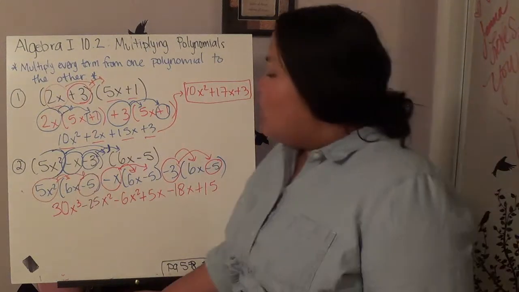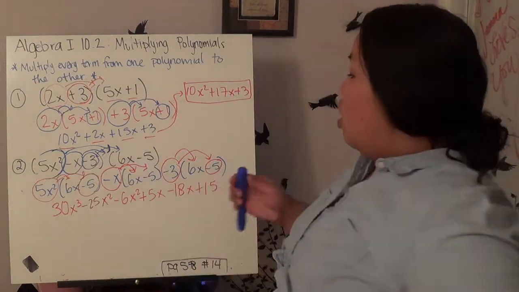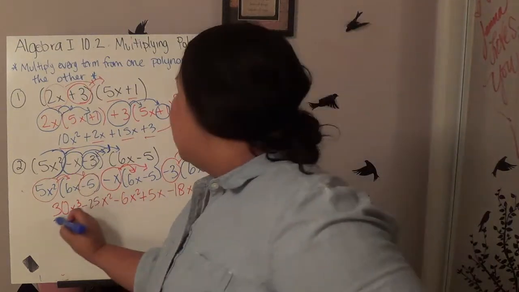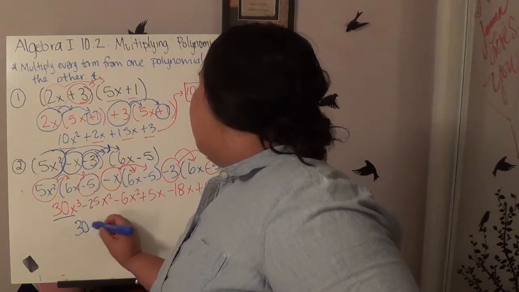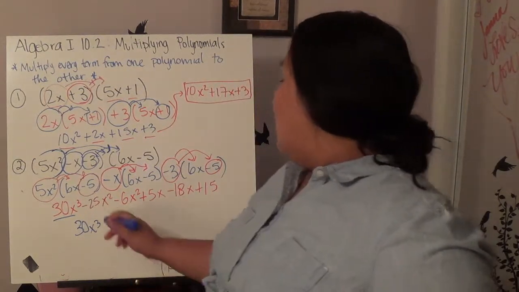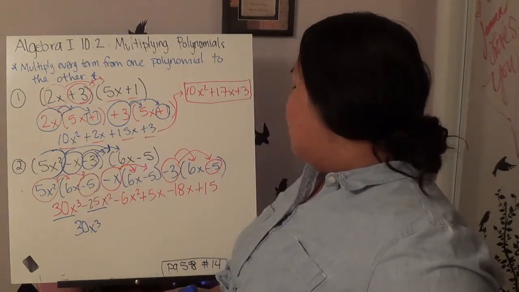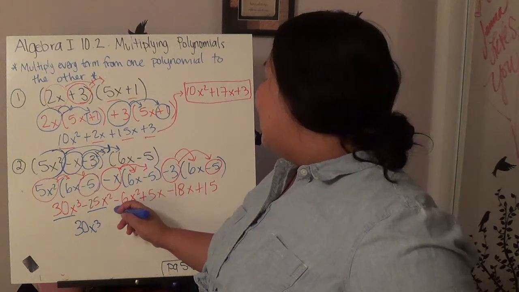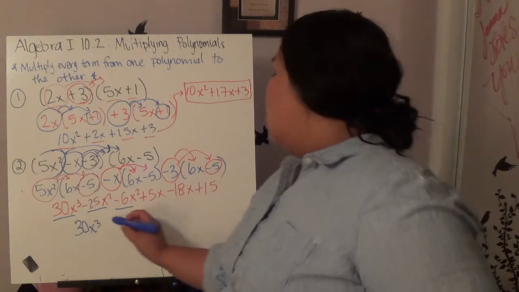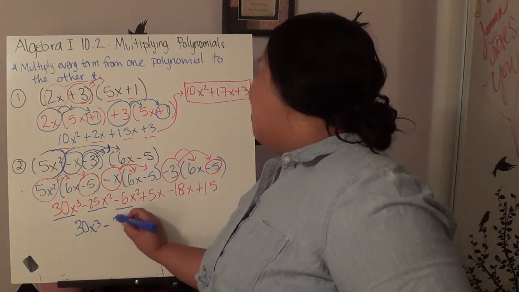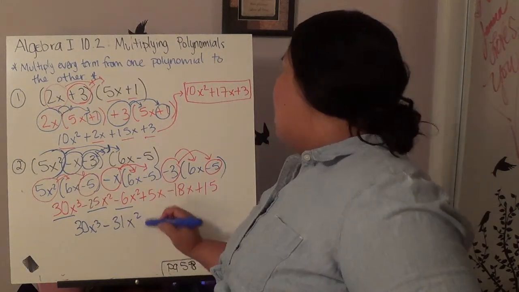So from here, I'm then going to do like terms. So here's 30x cubed. Is there any more x cubed? Nope. So this is on its lonesome. Okay. We have negative 25x squared. We have a negative 6x squared, which gives us a 31x squared. Do we have any more x squareds? Nope. So this is going to be a negative 31x squared.